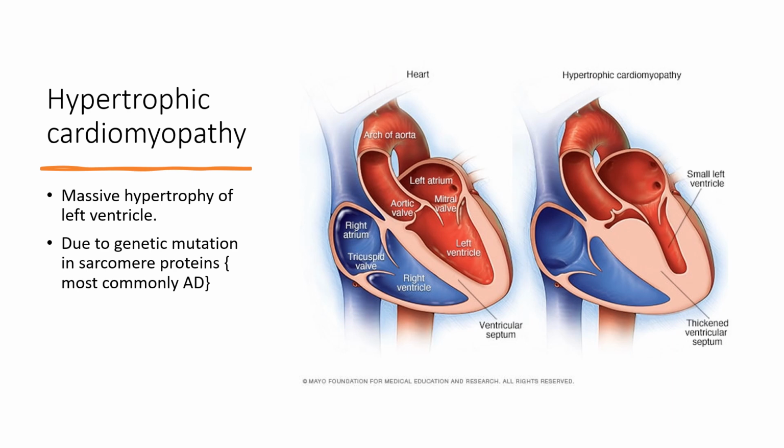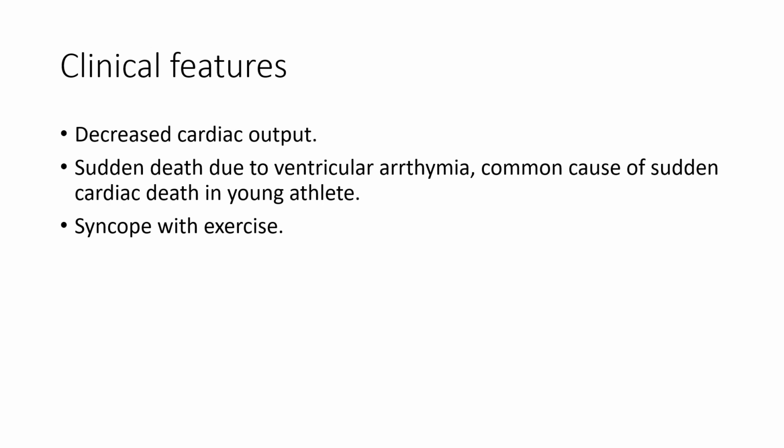The common cause of this is a genetic mutation in sarcomere protein. Now coming to the clinical features, we have decreased cardiac output, because the blood being pumped by the left ventricle is less. In young athletes we get sudden cardiac death due to ventricular arrhythmia.